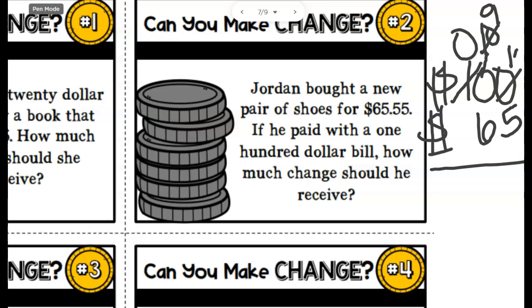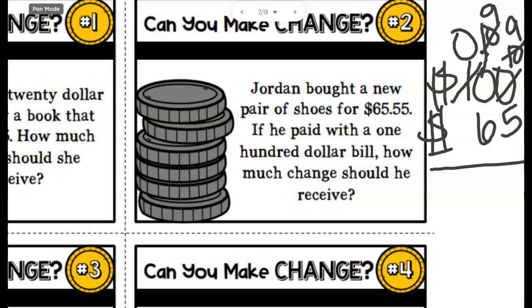That turns into a 9, 10 next door. That's going to have to turn into a 9, 10 next door. 10 minus 5 is 5. 9 minus 5 is 4.